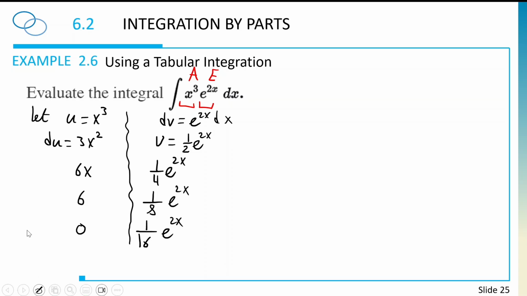Now, if you look at what we've got here, we started with our original assumption. What I did here was differentiate 1, 2, 3, 4 times. Same thing here, I integrated 4 times: 1, 2, 3, 4. Now what to do next is this.